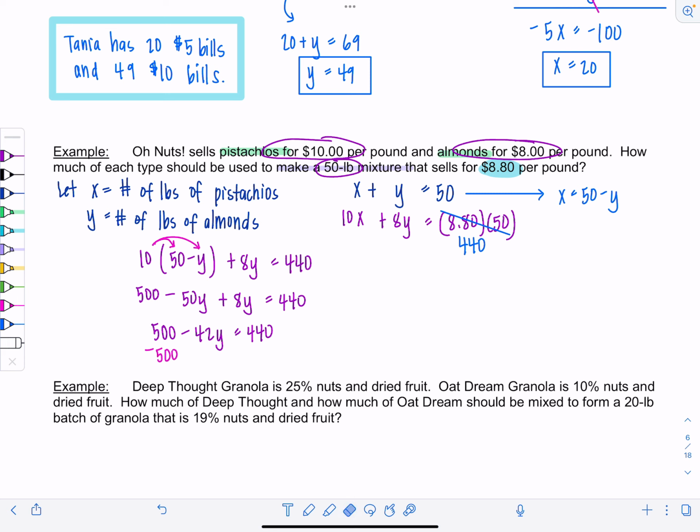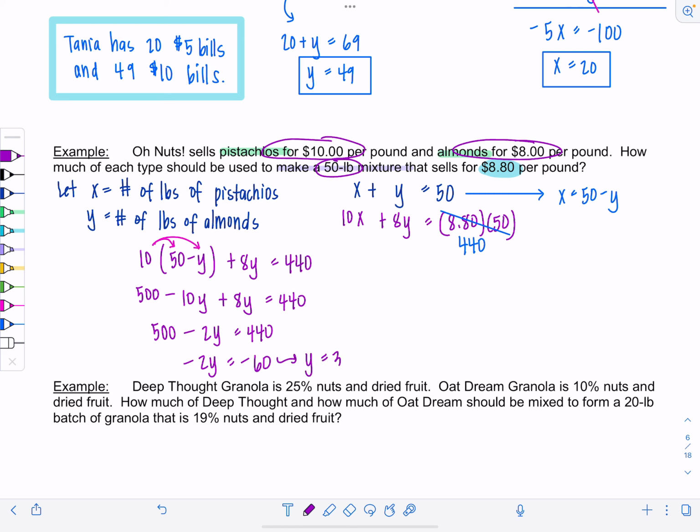Oh, it should be 10y. What was I doing so crazily? Excuse me. Okay. 500 minus 10y plus 8y equals 440. So then we have 500 minus 2y equals 440. Subtracting 500, then negative 2y equals 440 minus 500. That's going to be negative 60.